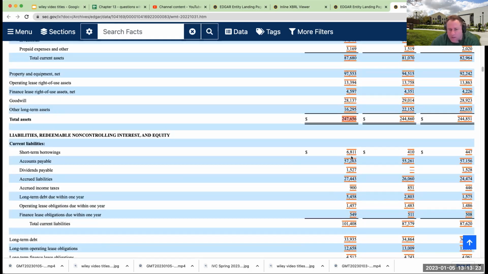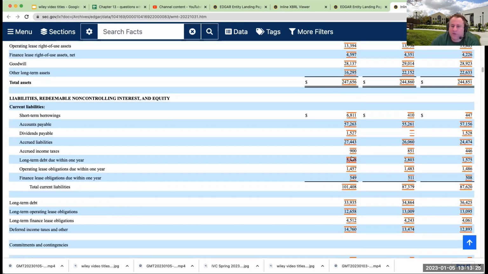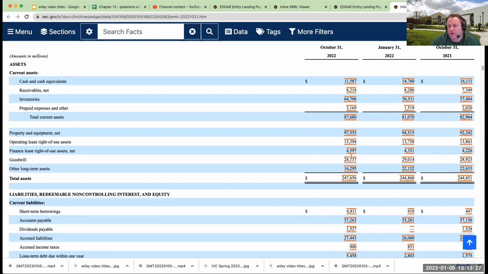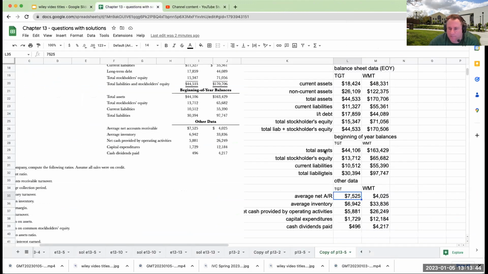When you analyze companies, you're choosing ratios that are relevant to what you're trying to analyze, not everything. With that all being said, let's take a look at this problem.